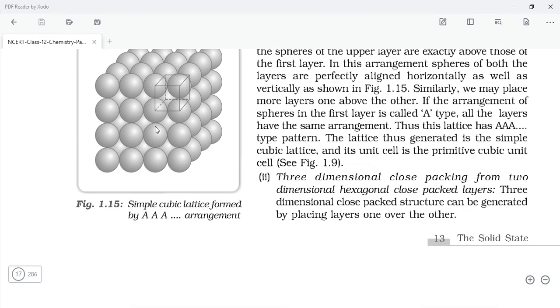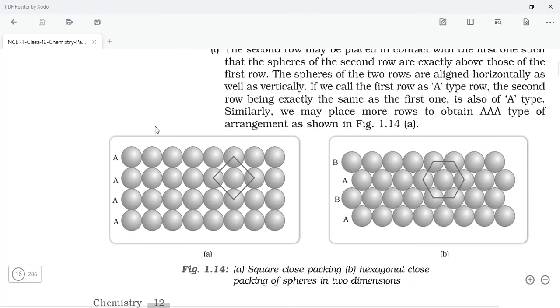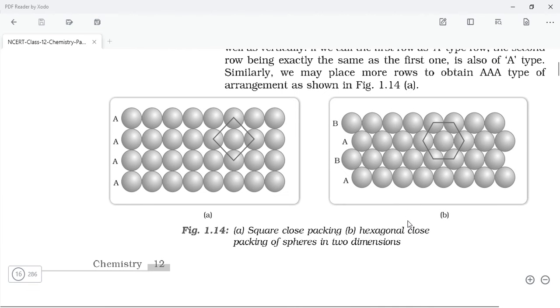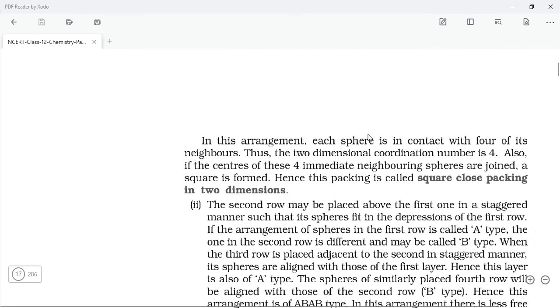Second, three-dimensional close packing from two-dimensional hexagonal close packed layers. As we already did from the first two-dimensional arrangement, we now have to do it from the hexagonal 2D arrangement also. In this case, you might put the sphere exactly on top of another sphere, or you might put the sphere in the void between three spheres of the first layer, so you will get different structures.